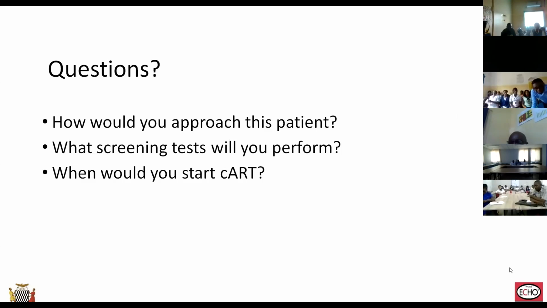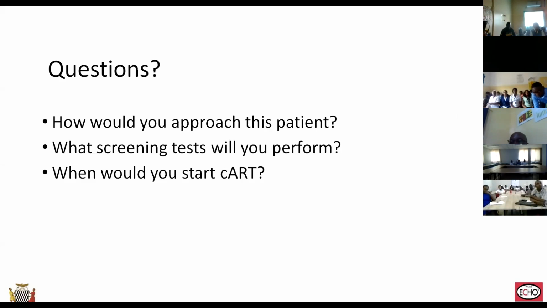Hello. Thank you very much for the question. Yes, the questions are there on the screen. So the way I would approach this patient: of course, it is a productive cough, so this patient will have to be investigated for tuberculosis and also CBC. With the fever, if the patient comes out positive for tuberculosis, we initiate ATT, that is before ART.